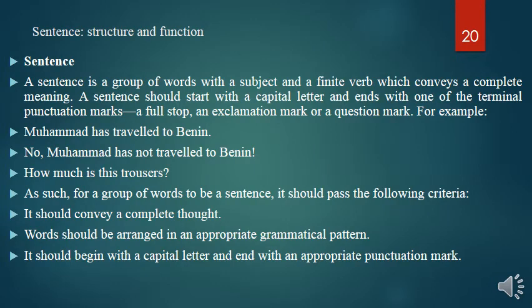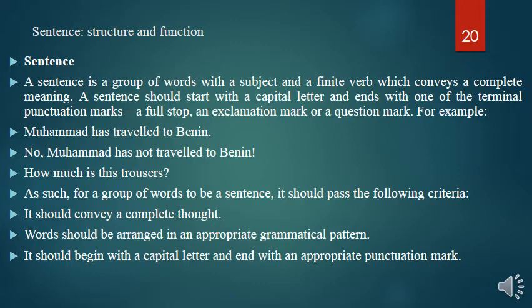A sentence is a group of words which gives a complete meaning, and it comprises a subject and a finite verb. To give a complete meaning, a sentence should start with a capital letter and end with one of the terminal punctuation marks.